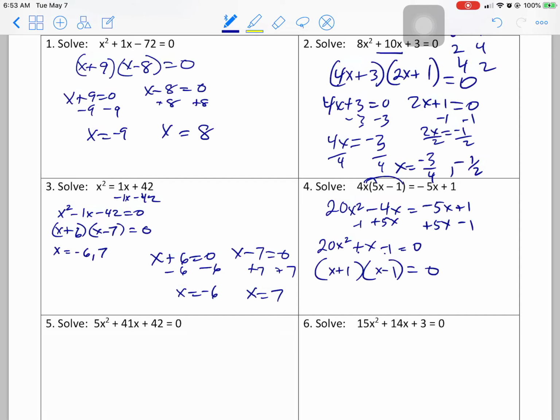So all I need to know is factors of 20 that could go into the whole. So 1 and 20, 2 and 10, 4 and 5. Let's try the 4 and 5. To get a positive left over in the middle, I think the 5 needs to go here.